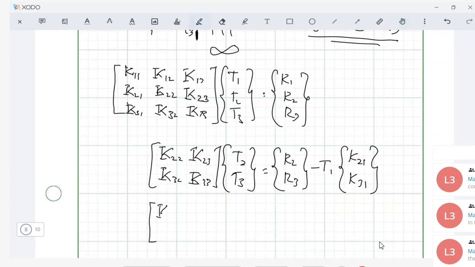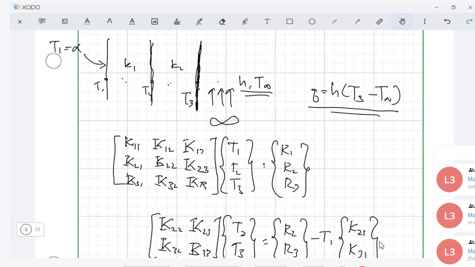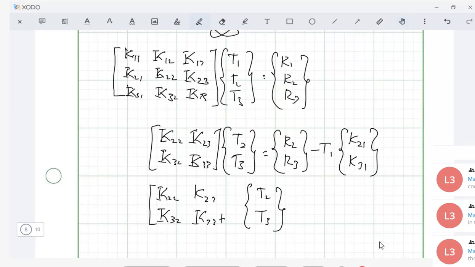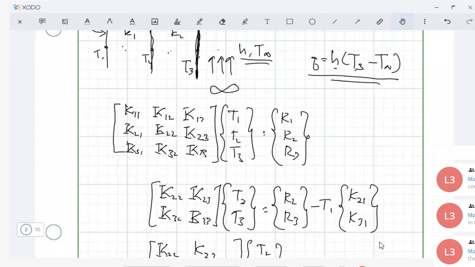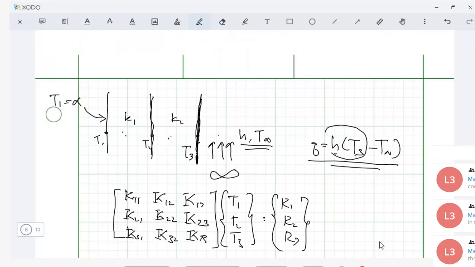K22, K23, K32, K33, and then we have T2 and T3. We need to include H with T3, so what we can do here is plus H. Note that now H is included for at least this part here.